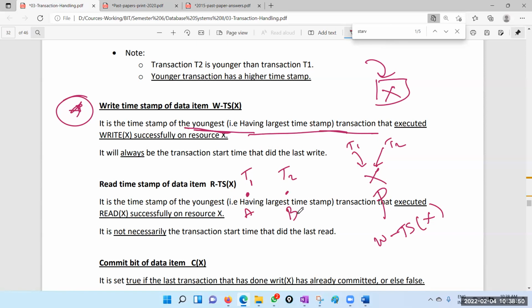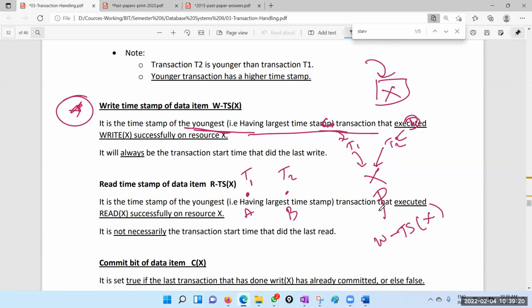Say this is time A, this is time B. Transaction 1 wrote at time C, transaction 2 wrote at time D. Transaction 1 started at time A, transaction 2 started at time B, and transaction 1 wrote X at time C, and transaction 2 wrote X at time D. Now what is the write timestamp of X?